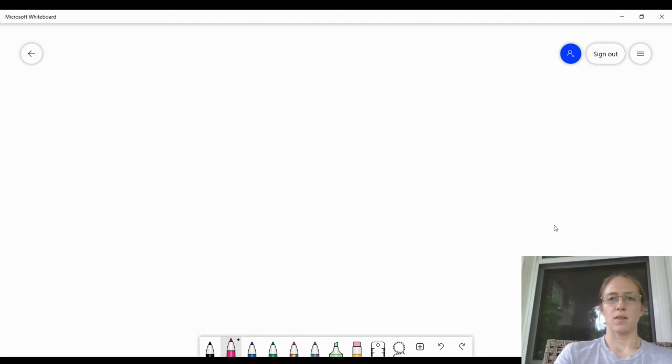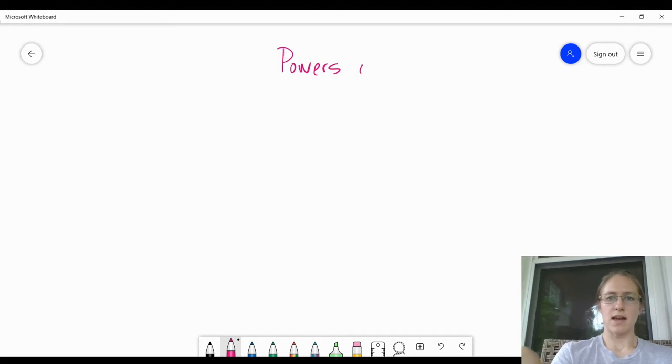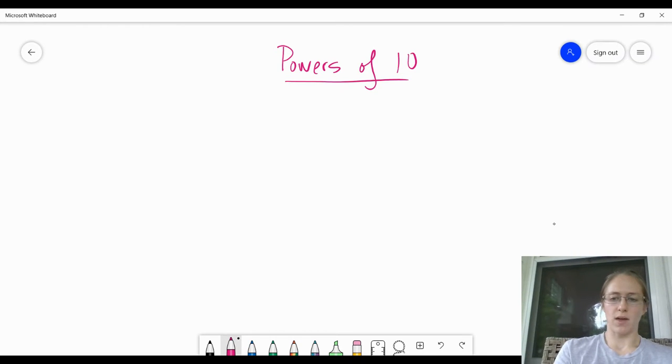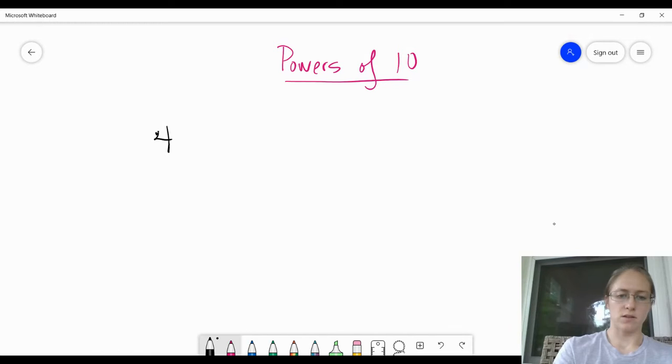All right. So this is to review our lesson from the other day that was about powers of 10. So first, we had to get some new vocabulary down. So when I have an expression like 4 raised to the third power, then in that expression, the 4 is called the base.